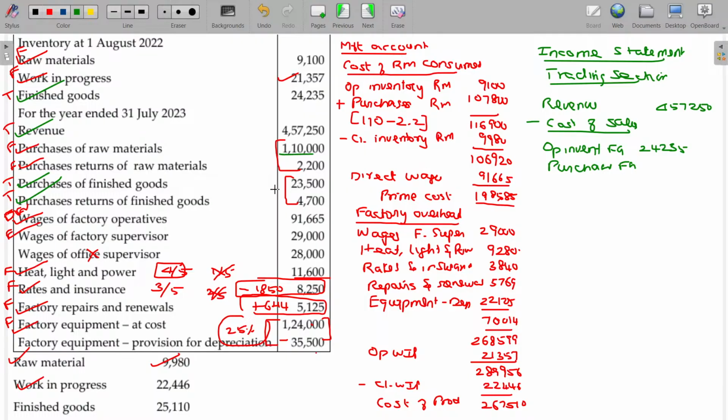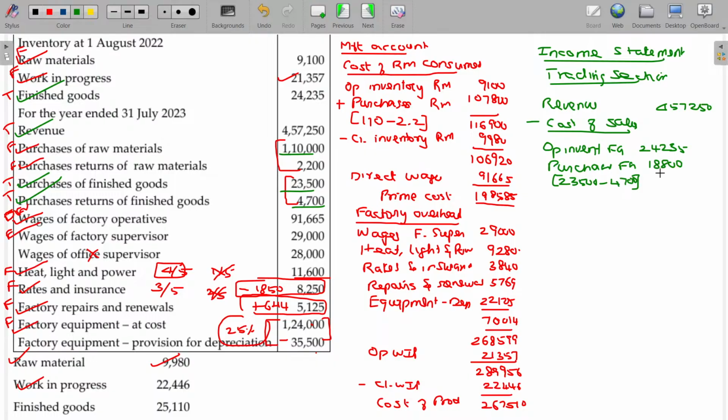Purchases being 1,23,500 minus 4,700, and the item produced and cost calculated under manufacturing account should also be transferred. So here this value being 18,800.